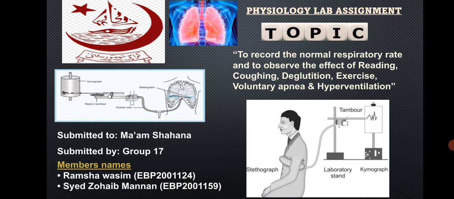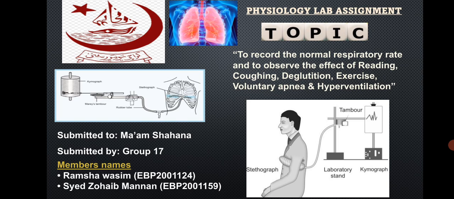It is the temporary cessation of breathing. What is hyperventilation? It is a condition in which we start breathing rapidly. It is also called overbreathing. I hope these terminologies are clear now.